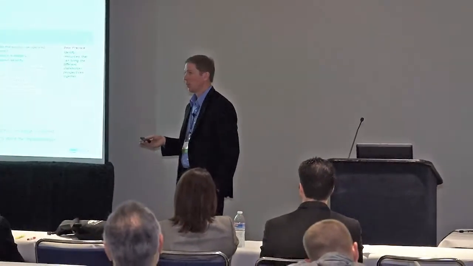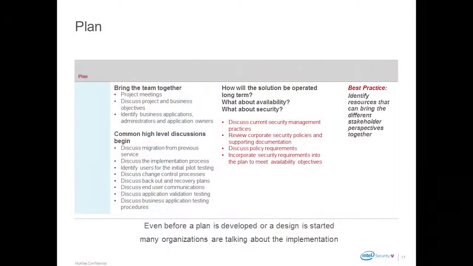Even before the project planning has been completed, a lot of agencies and companies start thinking about the technical design. They've fallen back to, we have a firewall, we need to put a firewall in front of this system. We have a host intrusion prevention application, we need to put that on this system. But they need to stop and slow down a little bit and get back to the requirements.